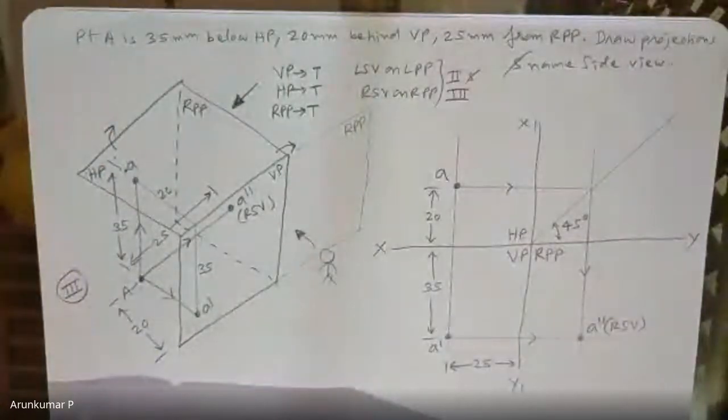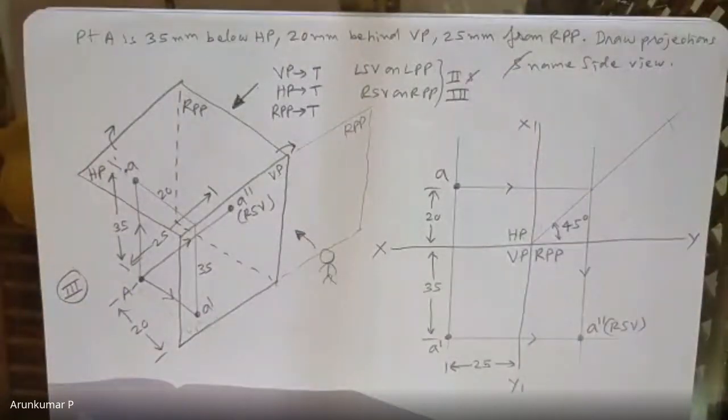A point A is 35 mm below HP. I think it is very similar to what you have done now. No, don't take this. Yeah, this is much better.